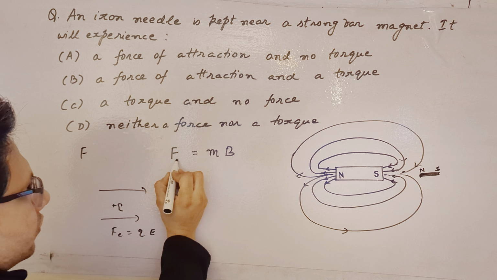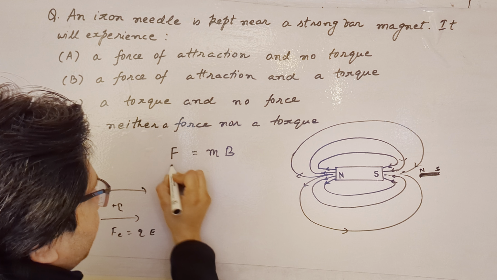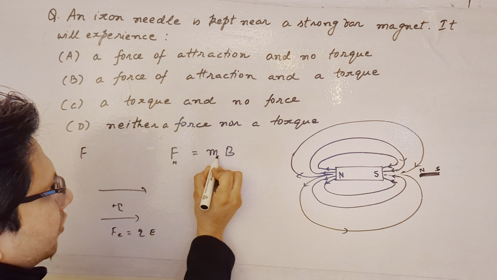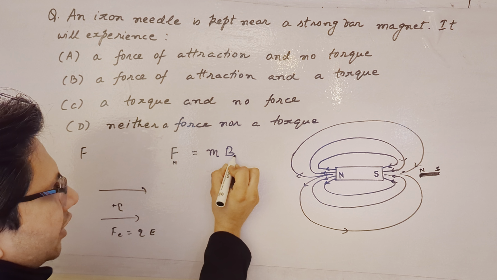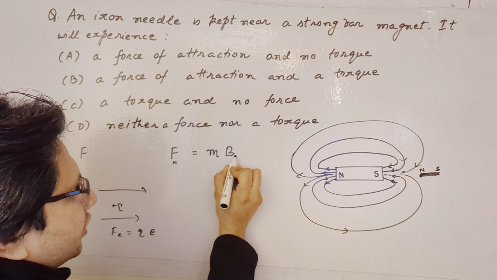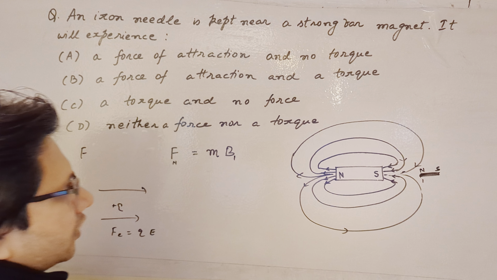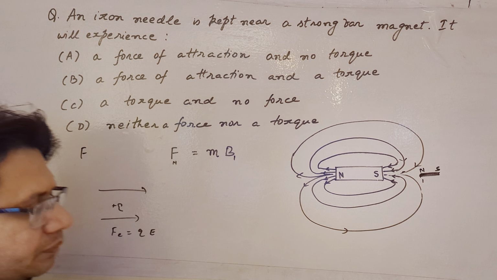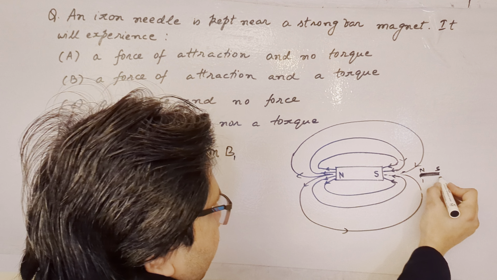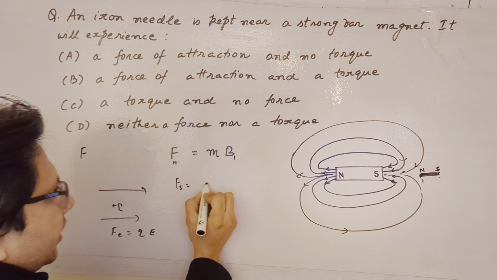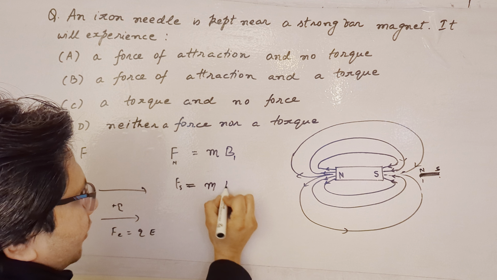So the force at this particular position, the north pole, is given by the pole strength multiplied by the magnetic field strength at this point. Let this location be 1. So at position 1 it is M B1. Similarly, the force on the south pole, Fs, is given by M multiplied by B2.